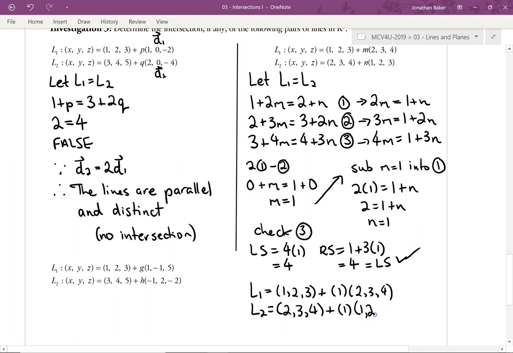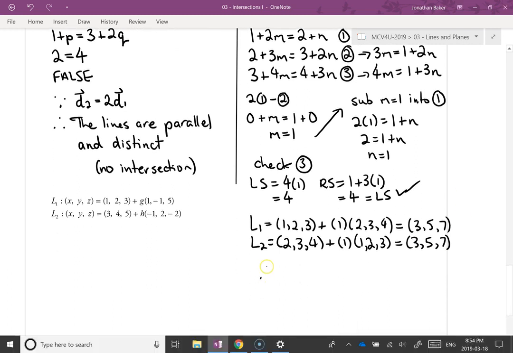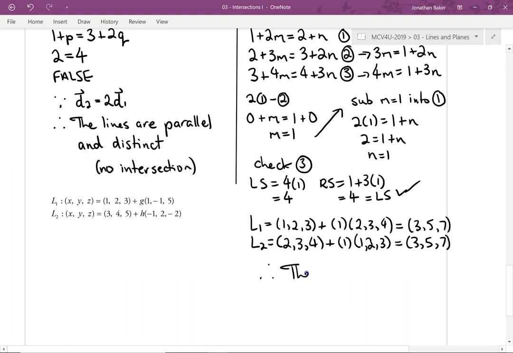In either of these cases, we're just adding the same coordinates, right? So this is going to be 3, 5, 7 in either case. 3, 5, 7. So, therefore, we can say the point of intersection is 3, 5, 7.